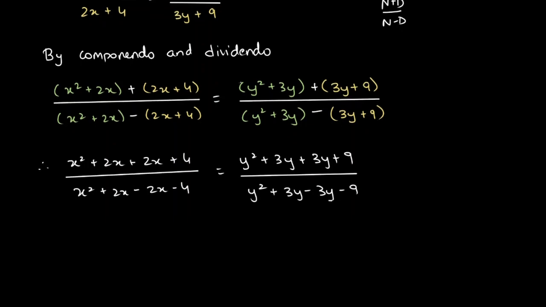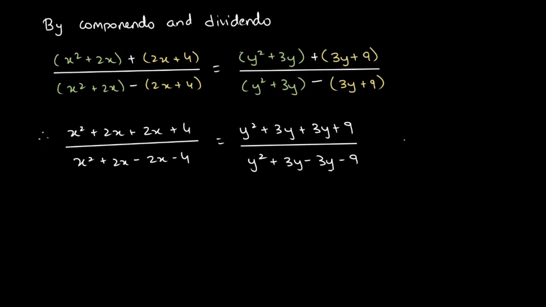Still not seeming like anything is being simplified. Let's just check what we can do. We have 2x over here and 2x over here. Those two can get added. In the denominator, plus 2x and minus 2x get cancelled. Similar thing on the other side of the equation. We have 3y plus 3y, which can get added. And plus 3y and minus 3y in the denominator get cancelled.